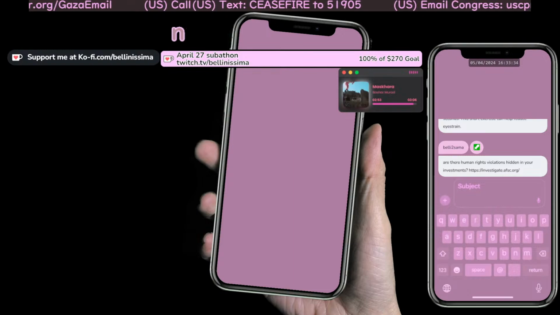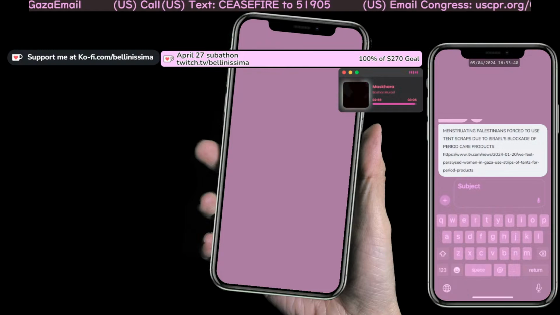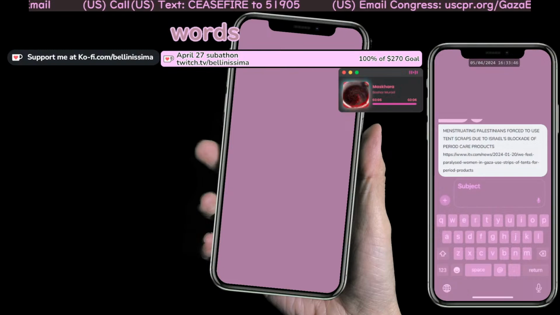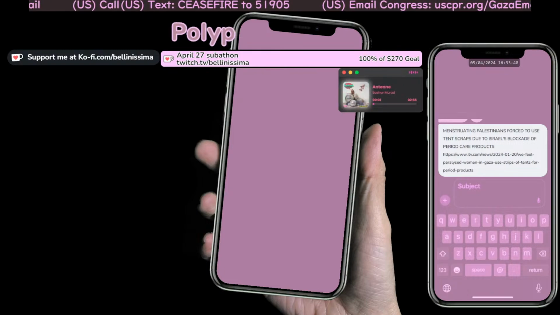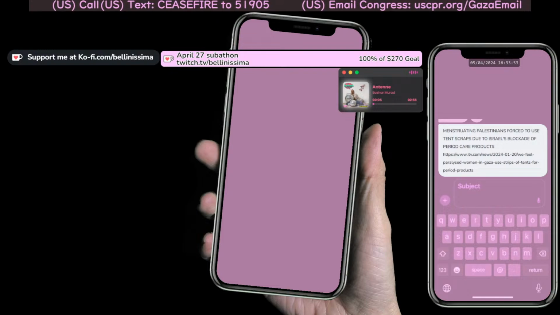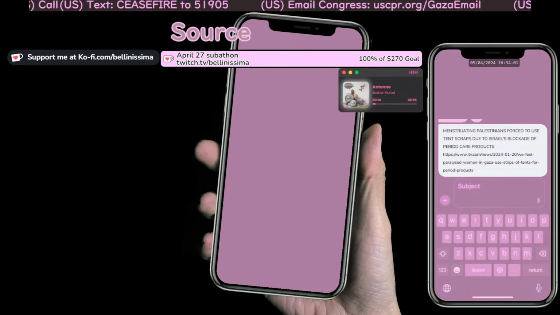Integrations. Meow meow. Pick a color. First words. Polypop. OBS. Source visibility.